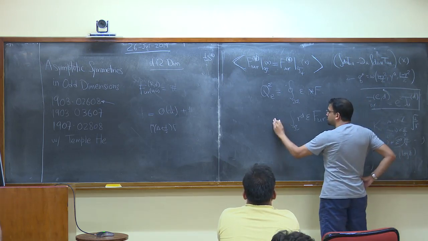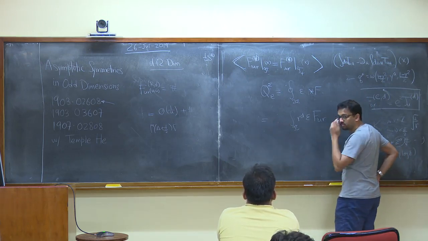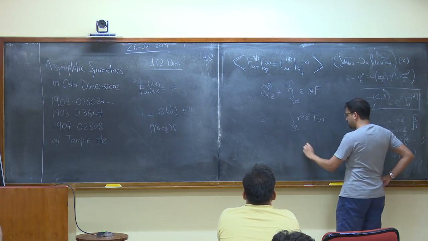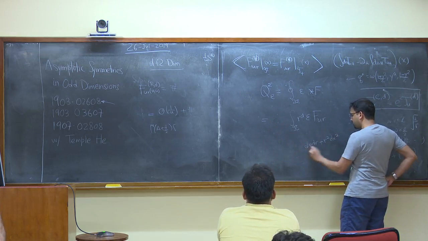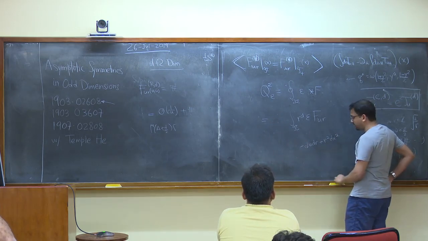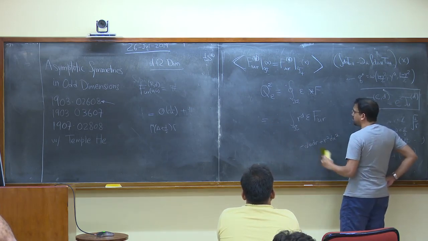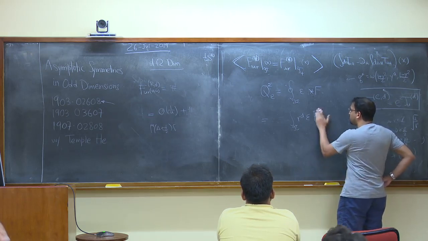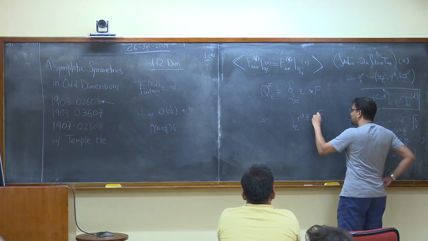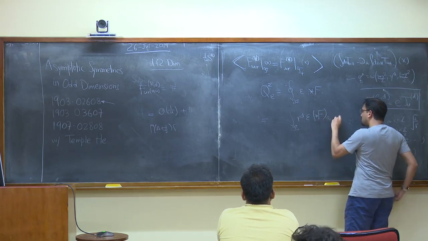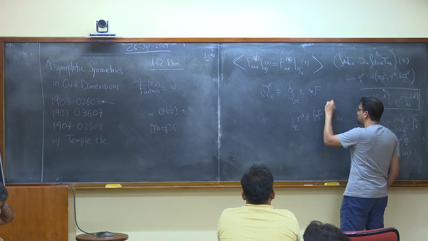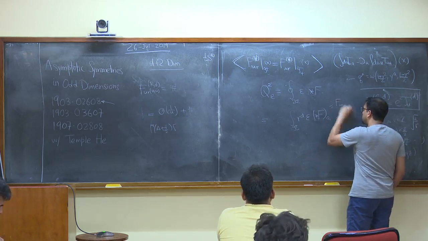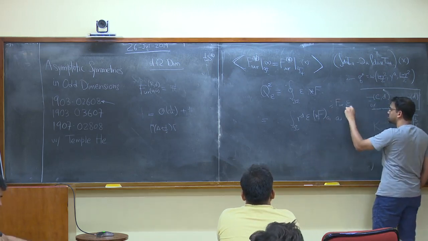In d plus 2 dimensions, remember the metric is du dr plus r squared dx squared. So there's a metric factor from there, and then star f. What I need to compute is star f along these directions, and this thing is just equal to f ur times epsilon.